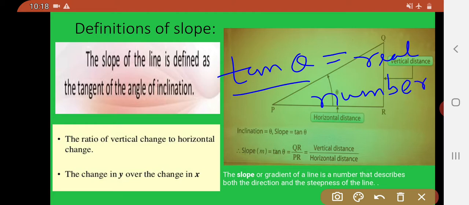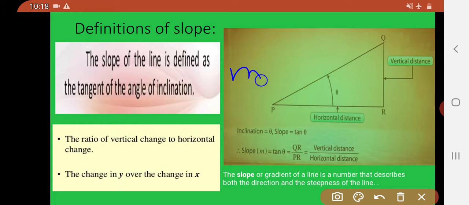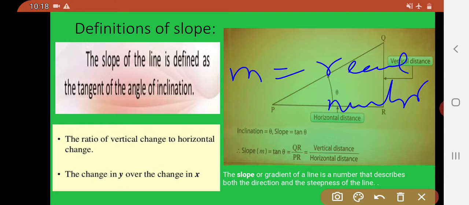Okay, so the slope of a line is a real number. Here m is a real number. You remember it, the slope or gradient of a line. You may say slope of a line or gradient of a line.